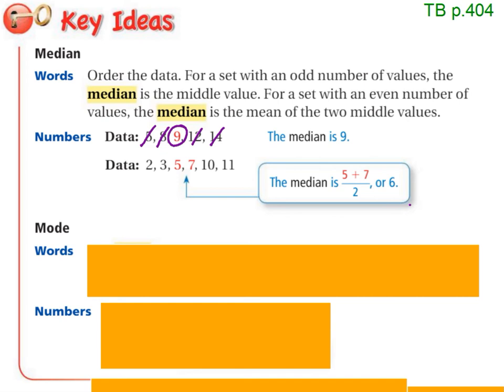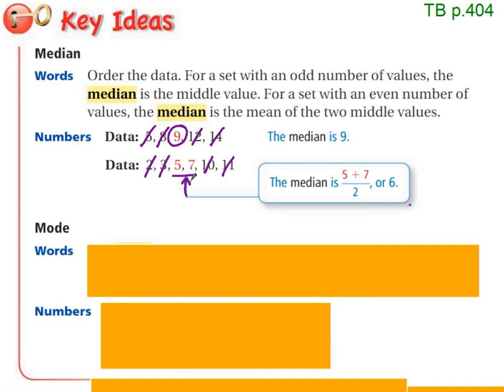If I start crossing off on the ends to find the center, I have 1, 1, 2, 2, and now I have two numbers in the middle, 5 and 7. So what I actually have to do, as the arrow is showing you, is find what is actually in the middle of 5 and 7. In this case, it's pretty easy to know 6 is the number between 5 and 7. But sometimes our data might be a lot more spread out.